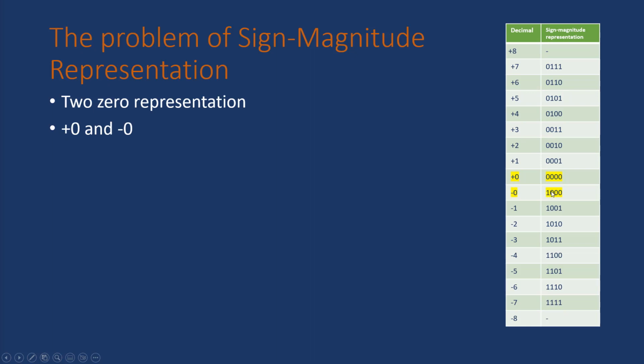And there is another 0. For example, if you set the sign bit to 1 and the rest of the data is 0, here is negative 0. Putting 1 as the sign bit represents a negative number, and the rest of the bits are still the same as the positive number. So this is the problem, two zeros.